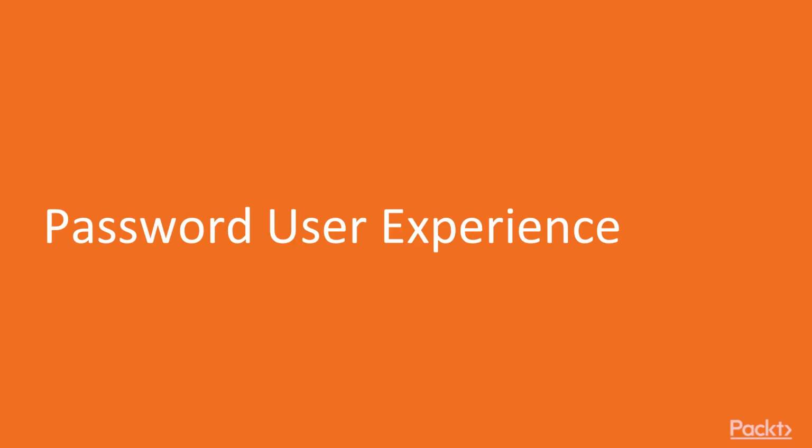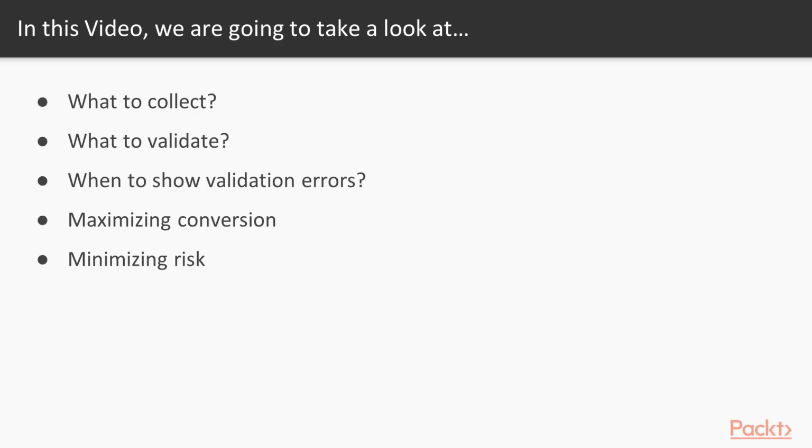We're going to start by looking at the user experience of a user registration form and a login form. We'll cover what information to collect, what validation to show to users, when to show those validation errors, and ultimately, our goal here is to maximize the number of users that successfully register and log into our application. But at the same time, we want to minimize the risk of malicious people impersonating other users.